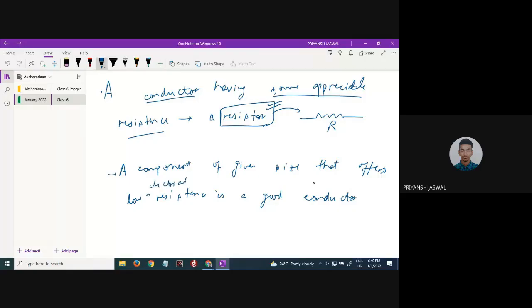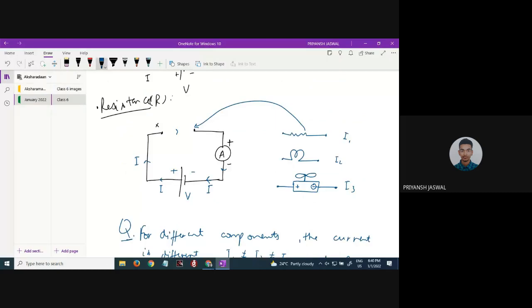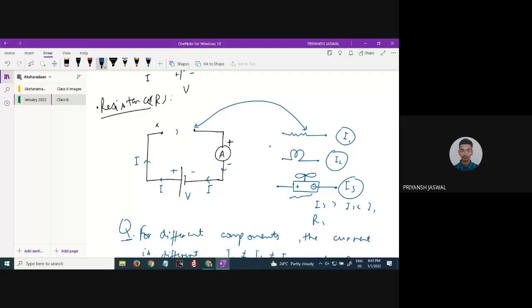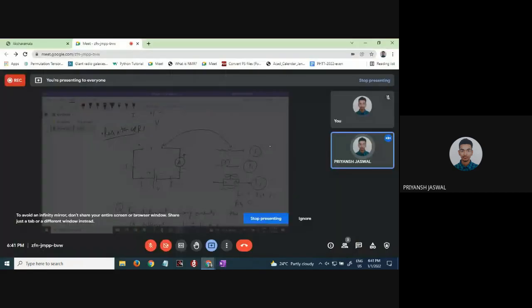Take the example of these three components only: where there is the least resistance, that is where the current will be the maximum. The corresponding component will have the least resistance. Suppose I3 is greater than I2 and I1, then the resistance for the motor, for this case only, will be less than the resistance.